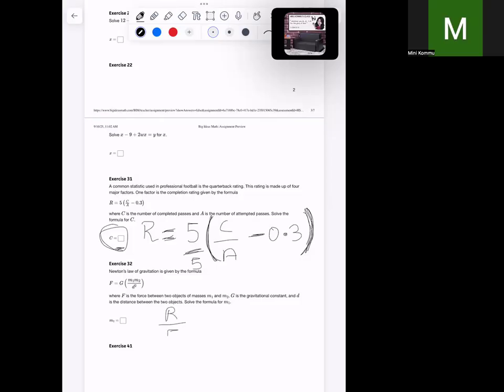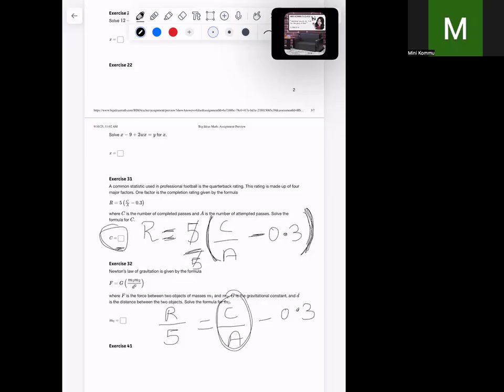So my new equation will be R over 5 is equal to, 5 and 5 get cancelled, I can take off the parentheses, C over A minus 0.3. All right. And then after that, what do I do? Again, what is my goal? To isolate C. Now C over A is actually one term, right?